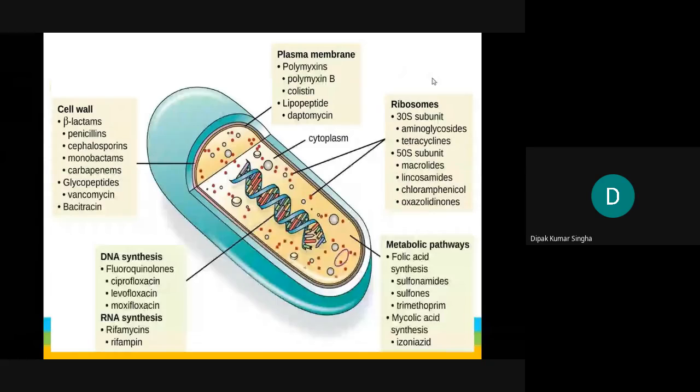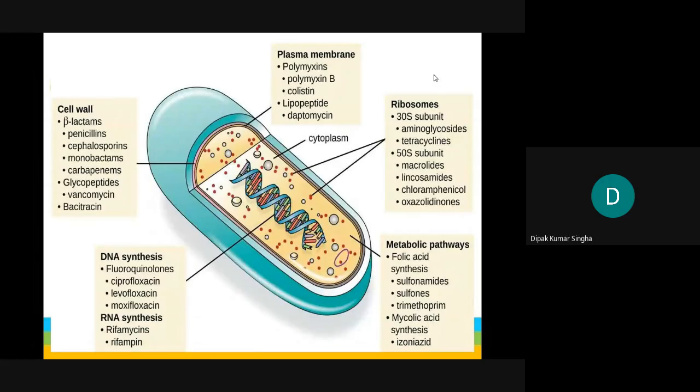You can remember it or write it down. And the 50S binding antibiotics are macrolides, azithromycin, clarithromycin, clindamycin, lincosamides, chloramphenicol, and oxazolidinones. So these are the antibiotics which directly bind with the 50S, and ultimately protein synthesis will be inhibited. So any antibiotics which bind either the 30S or the 50S inhibit the growth of the microorganisms.